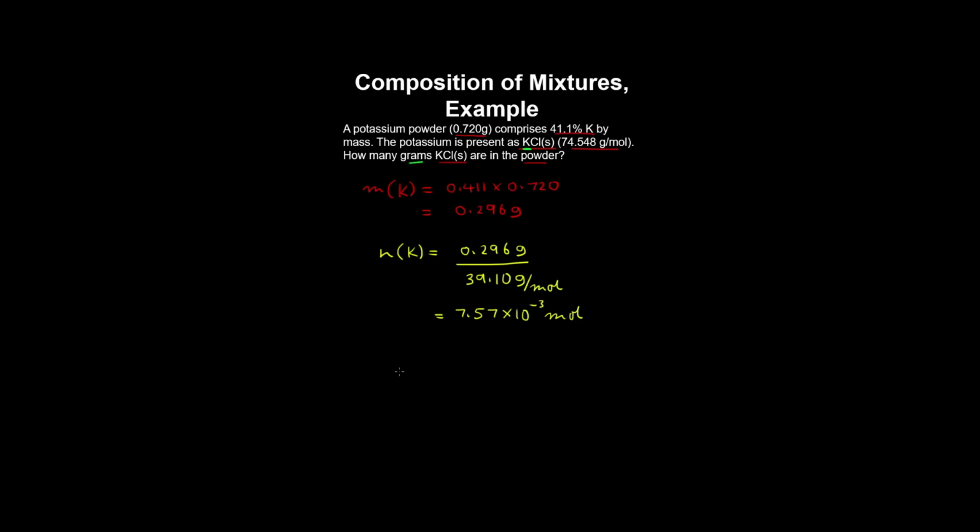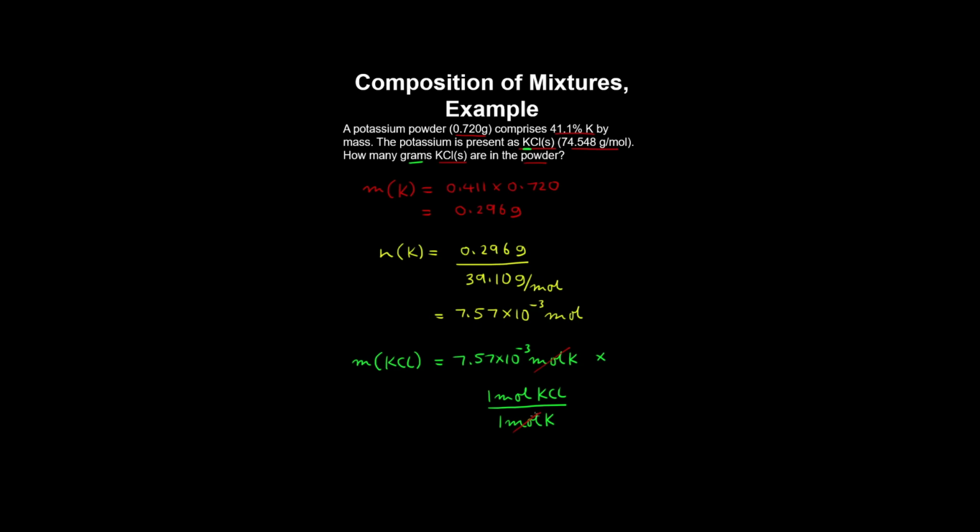So therefore the mass of potassium chloride is equal to the number of moles of potassium, and we multiply this by 1 mole of potassium chloride per 1 mole of potassium.